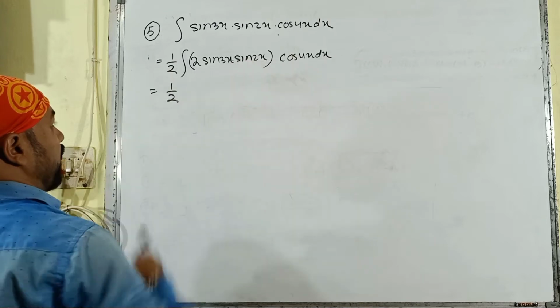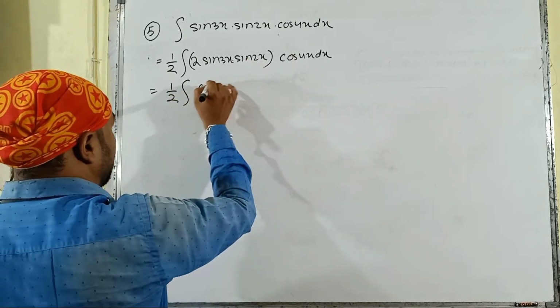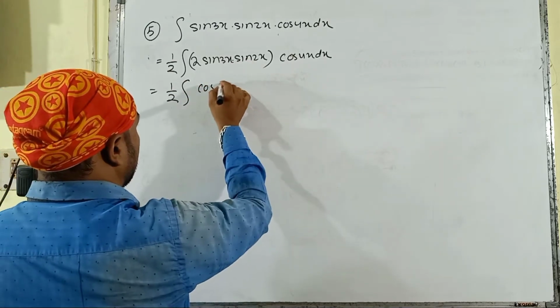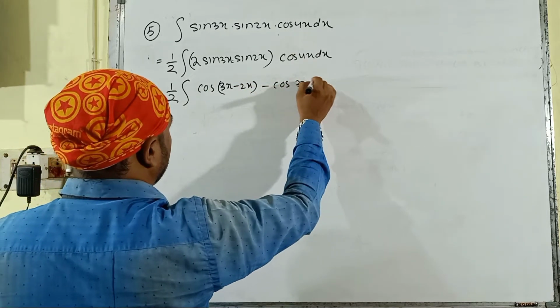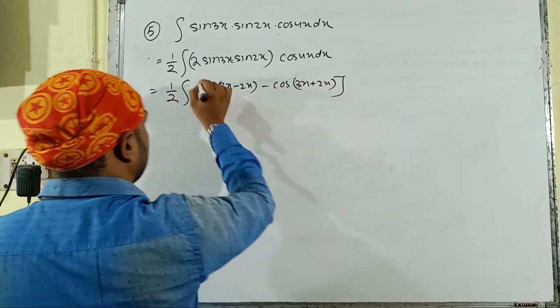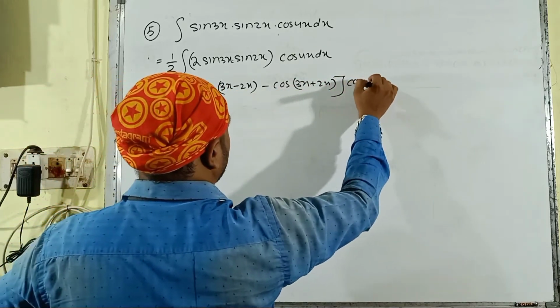Two sin A into sin B. So here we have to apply the trigonometric identity cos(3x-2x) minus cos(3x+2x). It is cos 4x.